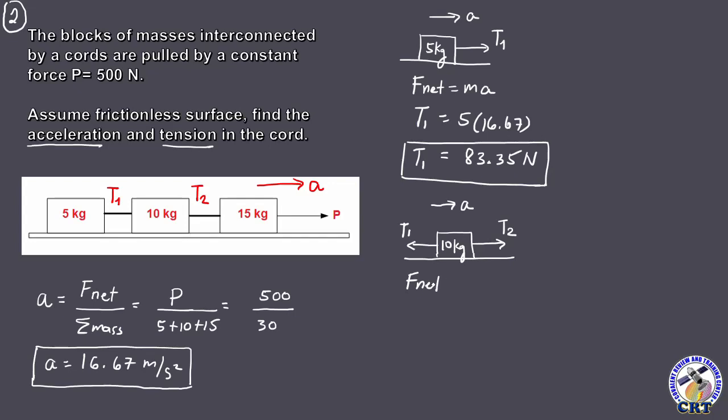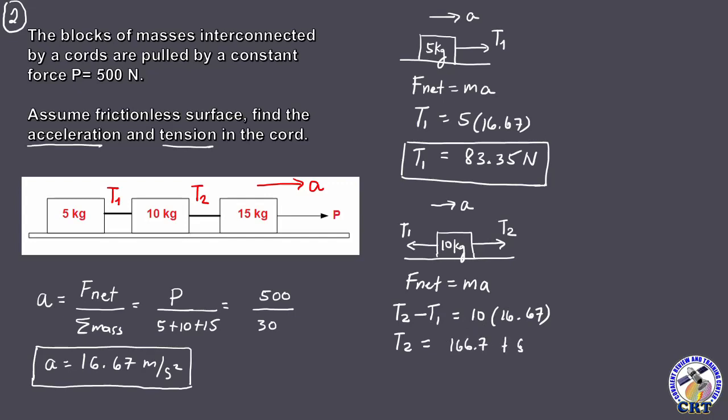So again, using F net equals MA. F net here is T2 positive, T1 negative, equals mass here is 10 kilograms, a is the acceleration of the system, 16.67. Therefore, transpose T1 and solve for T2: 10 times 16.67 is 166.7 plus T1.